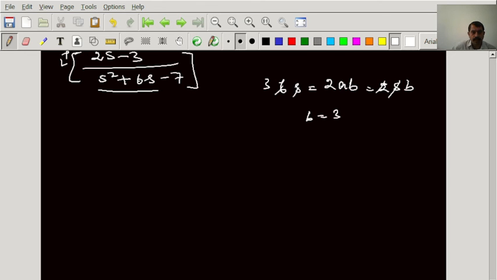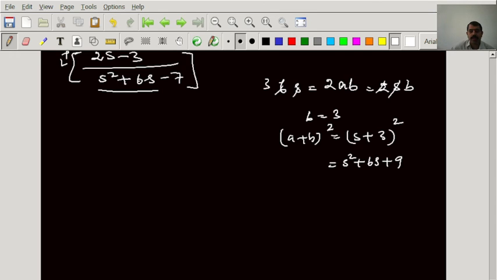Here plus is there, so we can write it as a plus b whole square. It is nothing but s plus 3 whole square. So what is s plus 3 whole square? s square plus 6s plus 9. You can see here we have minus 7, so we must modify accordingly.